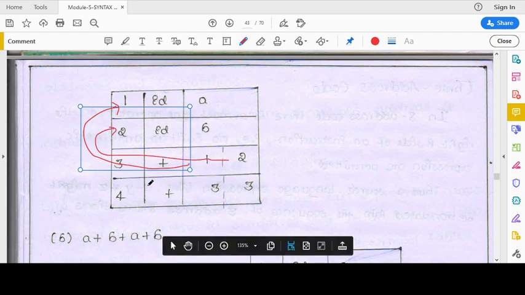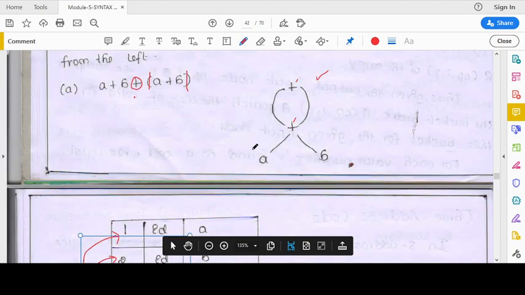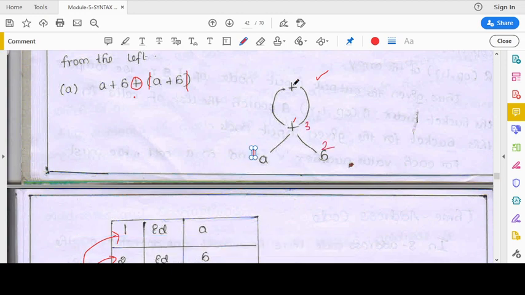Similarly, for the top plus, it is the third entry, because it needs to consider this value and this value. So this was 1, this was 2, and this was 3. This plus sees 3 from the left side and also sees 3 from the right side.